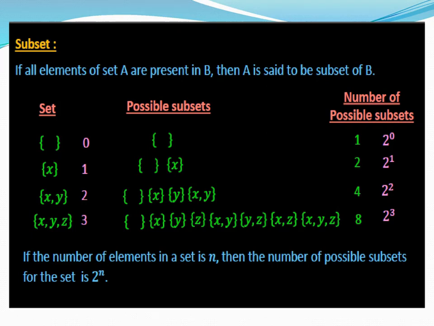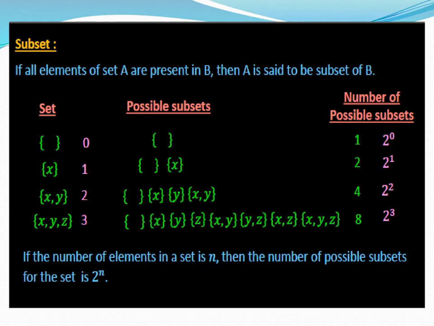Now take 3 elements. You can calculate n equals 3. Then the possible subsets of the given set are 2 cubed, which is 8. Now we write the 8 subsets. Every time, first write the null set and the set itself. Then write the single elements {x}, {y}, {z}.